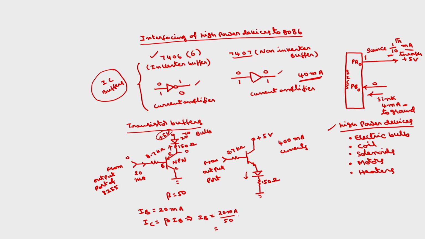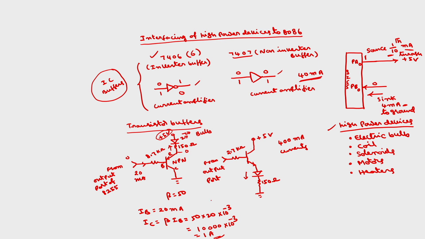IC is equal to, directly because IB is given, 50 times 20 milliamps, which comes around 10 to the power of minus 3, which is equal to 1 amp. This is large enough to control moderately high power devices.